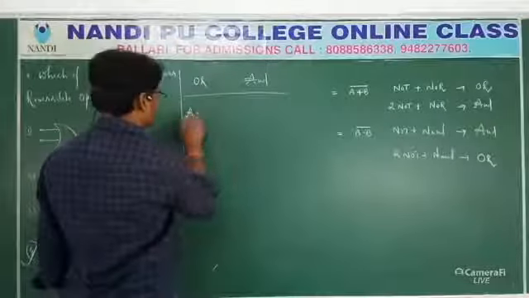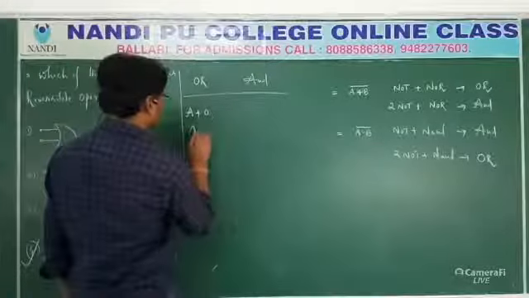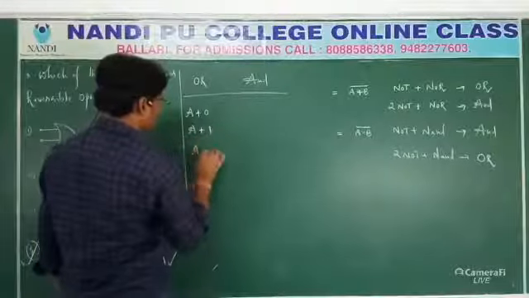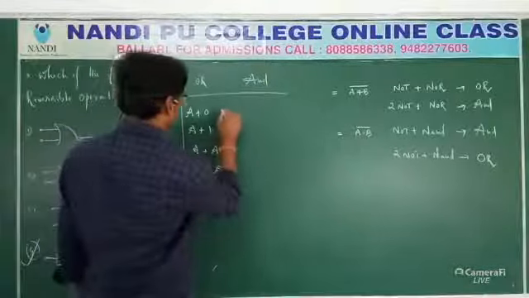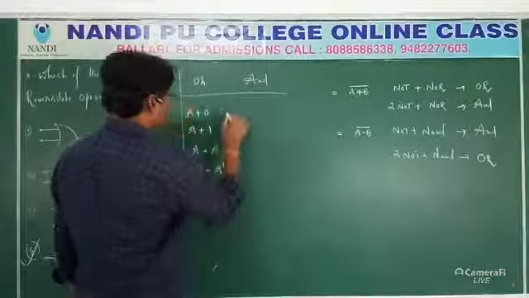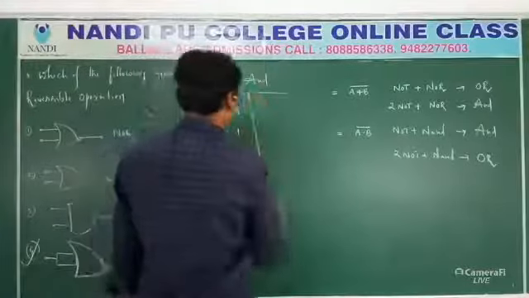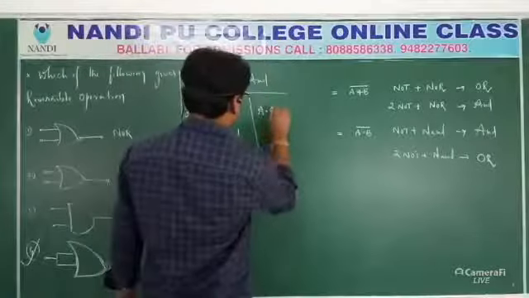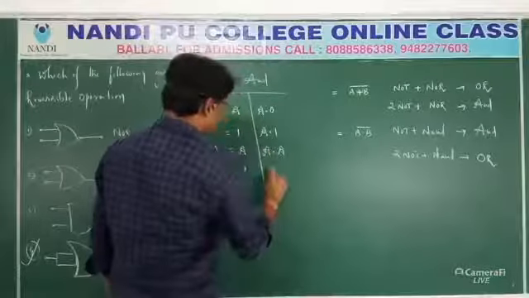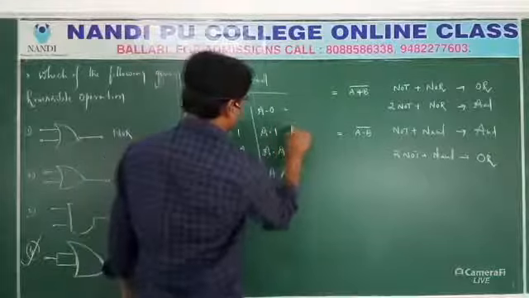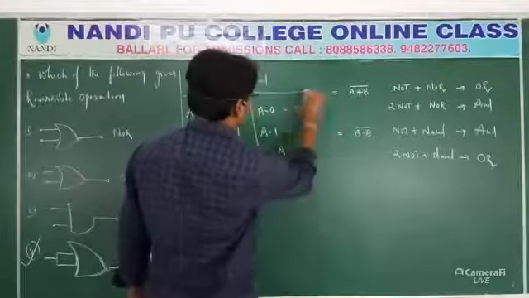A plus 0 equals A, A plus 1 equals 1, A plus A equals A, A plus A dash equals 1.